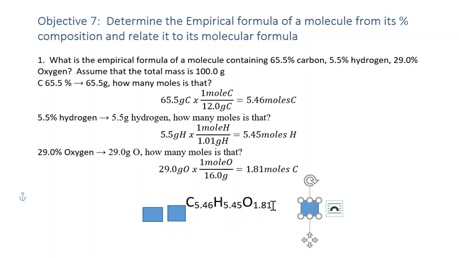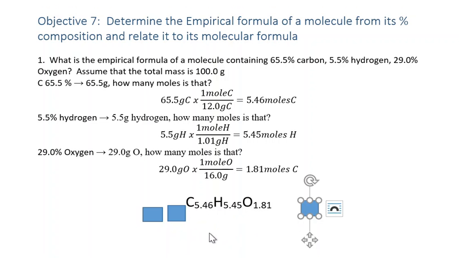And if I divide 1.81 by 1.81, that's going to leave me with 1 oxygen, right? And if I divide 5.45 by 1.81, that's going to leave me with 3. And if I divide 5.46, which is basically the same as this, 5.45, 5.46, that's almost the same exact number of moles, I'm going to end up with 3.